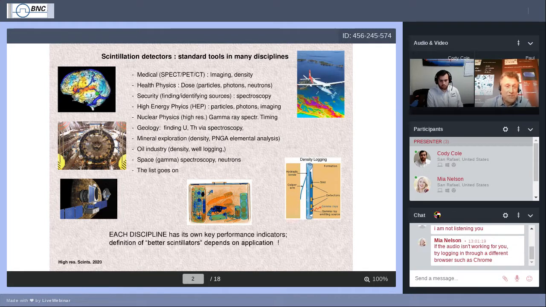The temperatures can range from normally room temperature, sometimes -50 in the Arctic, to 100 to 200 degrees C in exploration in oil and logging, for example. And it is clear that every discipline has its own key performance indicators, which means that the definition of a better scintillator depends very much on the actual application. This is something we should always keep in our mind.